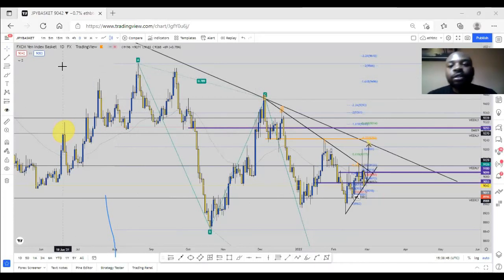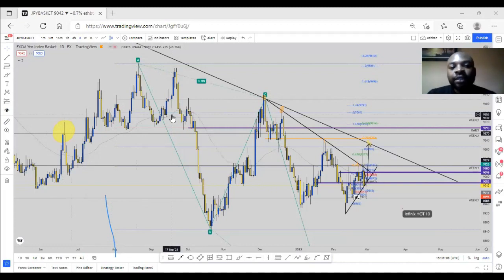So when we want to understand what is happening generally with the entire yen basket, that's Euro JPY, USD JPY, GBP JPY, NZD JPY, all of these JPY pairs, we try to use the yen basket to determine the direction.